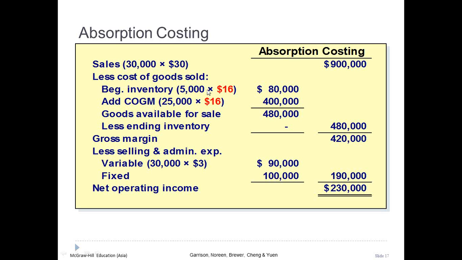We had a beginning inventory of 5,000 units available for sale. Gross margin, $420,000. Now we take away variable and fixed selling and administrative expenses, $190,000. So net operating income will be $230,000.